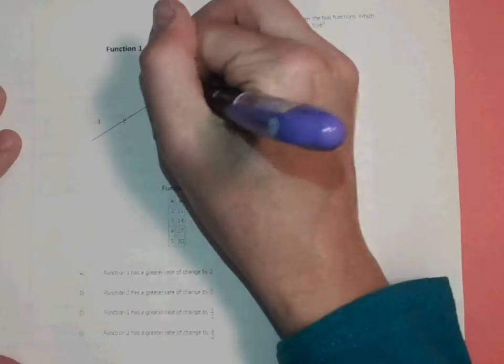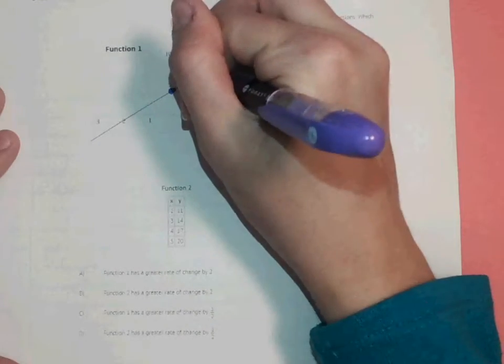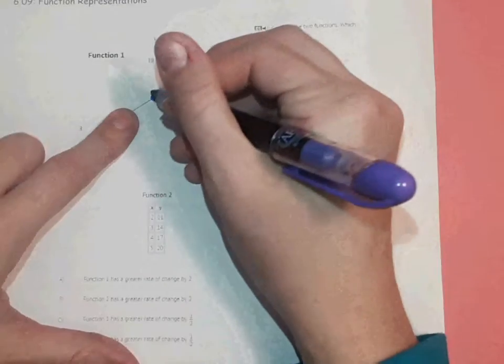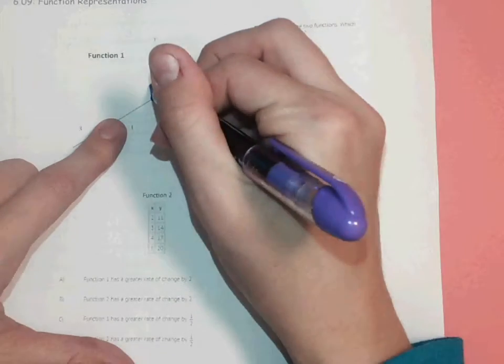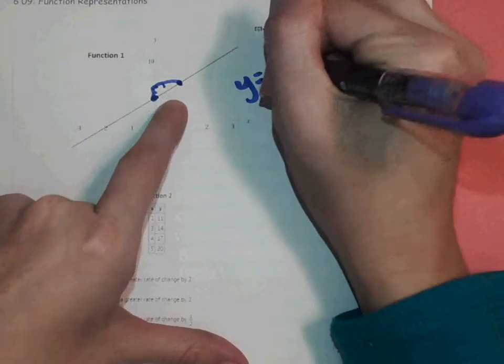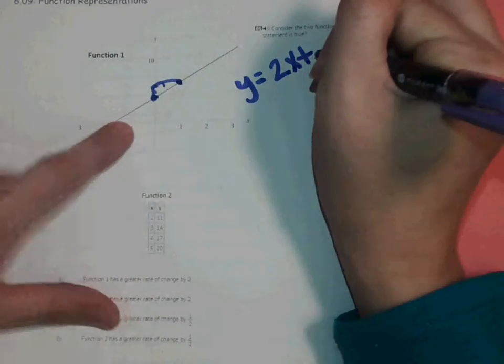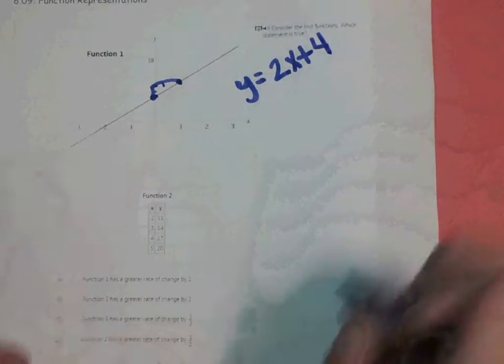So I see a point here and I see a point here. This point, it's going to rise 1, 2, and it's going to run 1. So for this one, the slope is 2, and the y-intercept is 4.